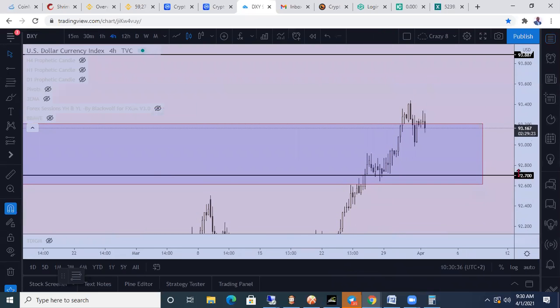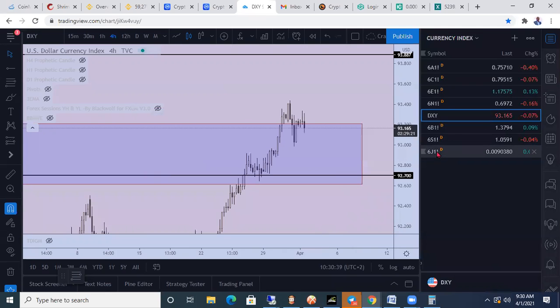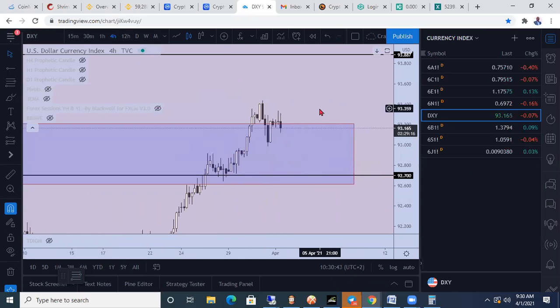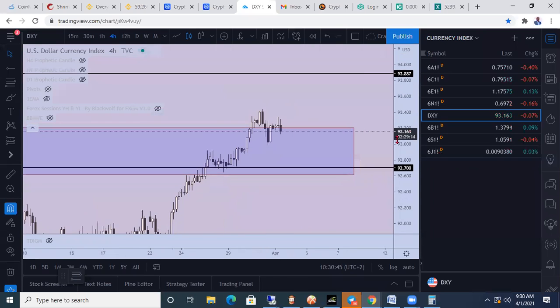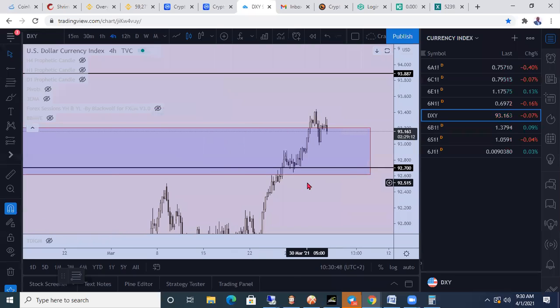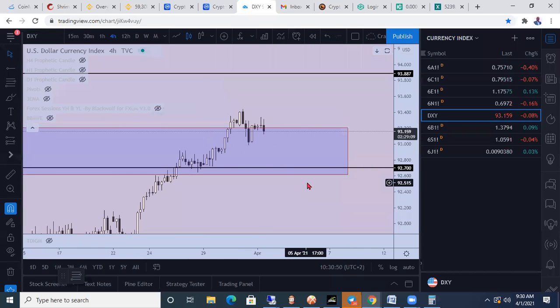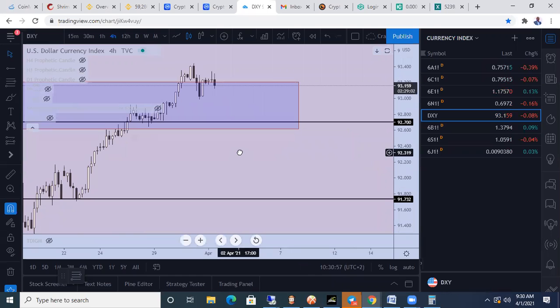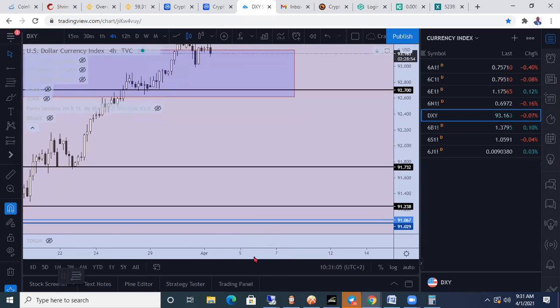Anybody who trades these things should be used to looking at DXY. DXY is the dollar index, and it basically gives you an idea of what you should look out for. So if dollar is going to be bullish, you should be looking at selling XXX-USD.